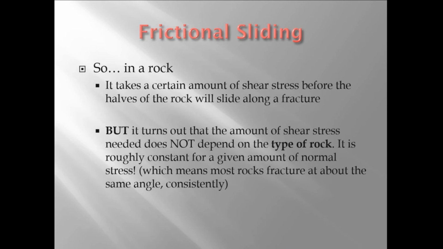So in a rock, it's going to take a certain amount of shear stress before you'll get movement along a fracture, before the rock will actually shear. And oddly enough, and you'll kind of prove this in lab, or at least a little bit, the type of rock is not important. It takes about the same no matter which kind of rock you have.